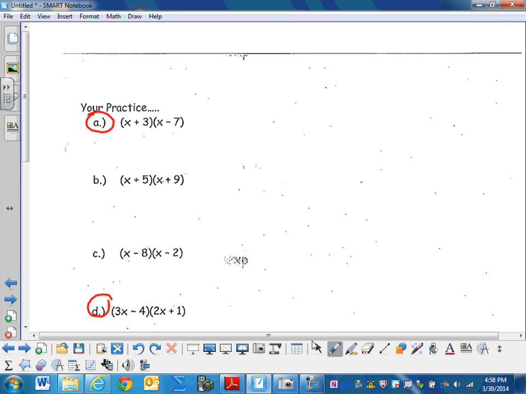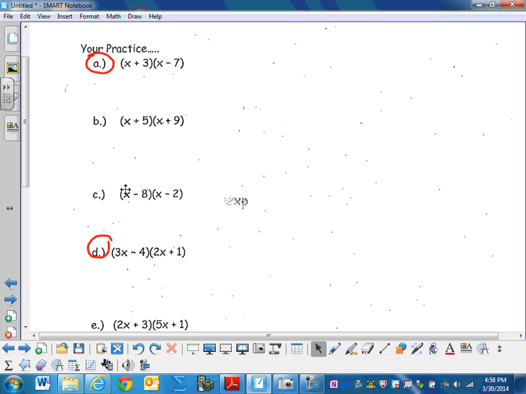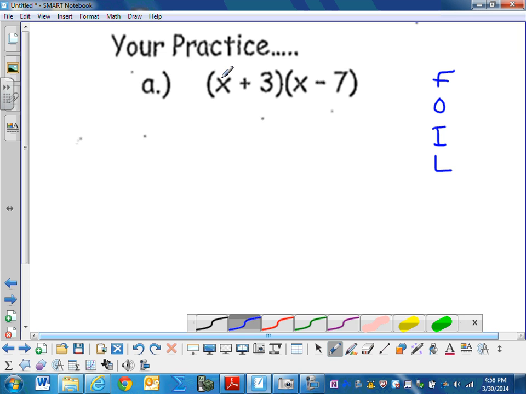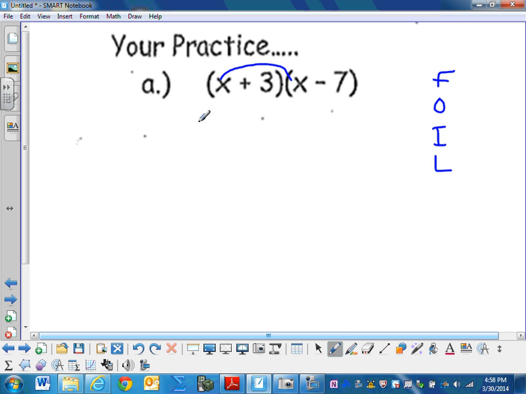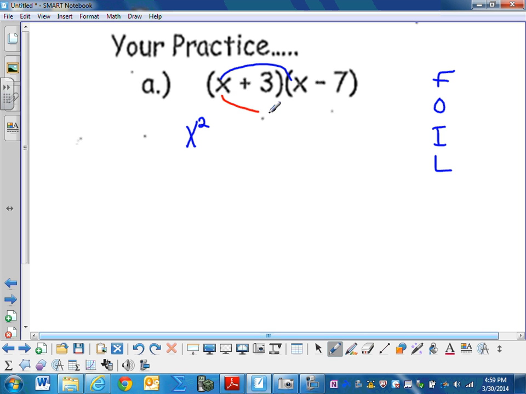So your turn to practice. Go ahead and practice. Do A and do D. All right. X plus 3 times x minus 7 using FOIL. We're going to multiply the first terms. X times x is x squared. The outer terms, x and a negative 7 is a minus 7x.